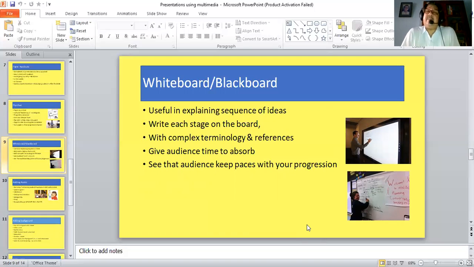Now, the other type of board can be, as I have said, the IWB, or the smart board, or the digital whiteboard. This has the additional advantage that it can project PowerPoint slides. So you may have the entire presentation in PowerPoint and project the slides by just finger touch mode on the board.